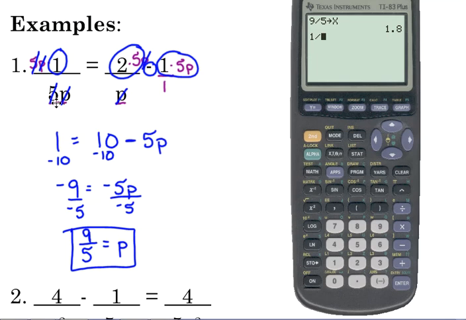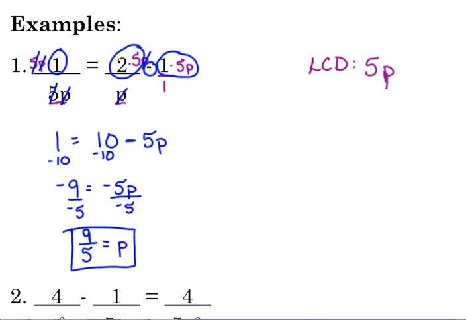If there's more than one number, variable, anything in the numerator or in the denominator, you must put parentheses around it. So I have to put parentheses around that 5x in order for it to give me the correct number. Then on the other side of the equation, we have 2 over x, no parentheses necessary there, minus 1. The left side equals the right side, so we're good to go. 9 over 5 is indeed our answer.